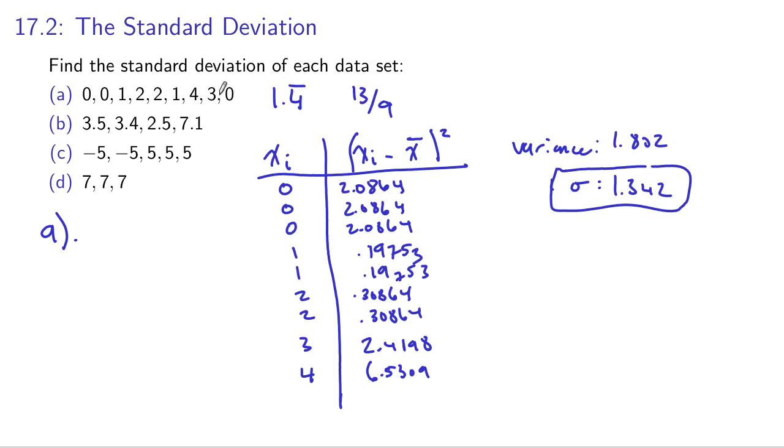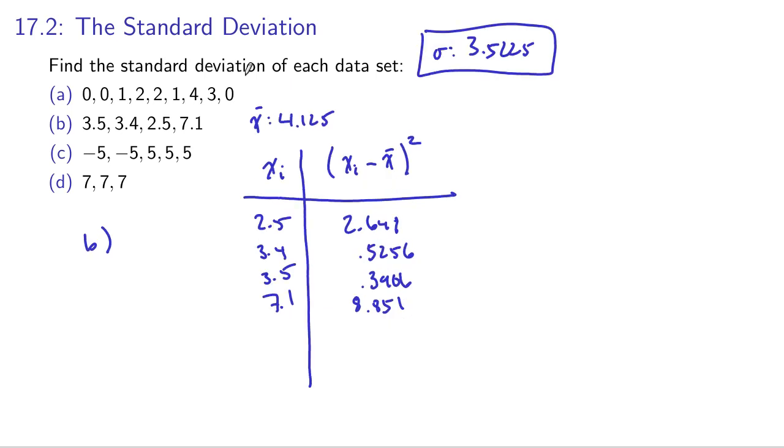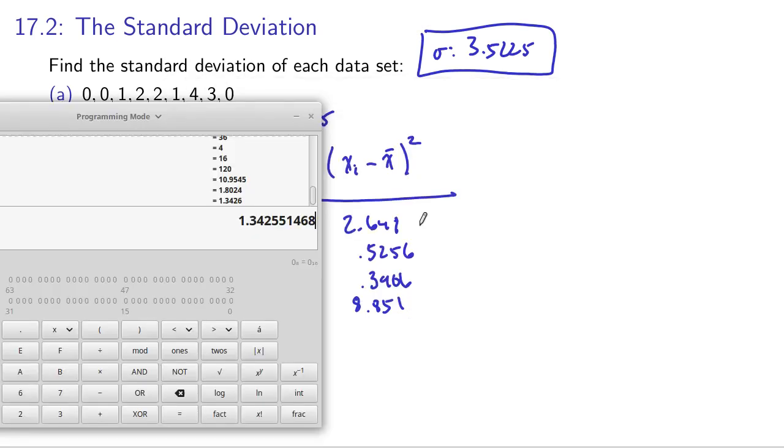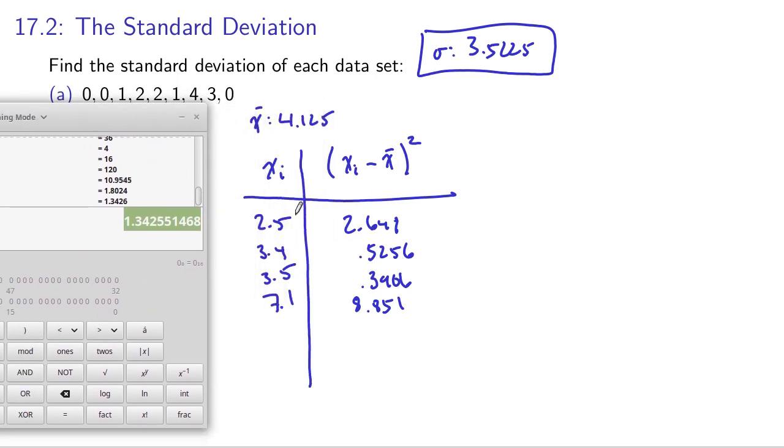It just means that our spread is kind of small compared to some of the data sets we'll see in a minute. So for B, we have the wrong answer again because the variance is the sum of the deviations divided by the number of things, which there's 4 things.